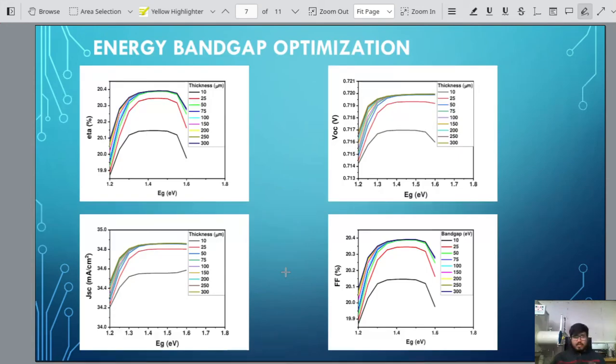Now, as you can see on the window, the graph of efficiency, VOC, JSC and fill factor. As the energy band gap changes from 1.2 electron volt to 1.6 electron volt, there is a change in efficiency shaped like a curve.